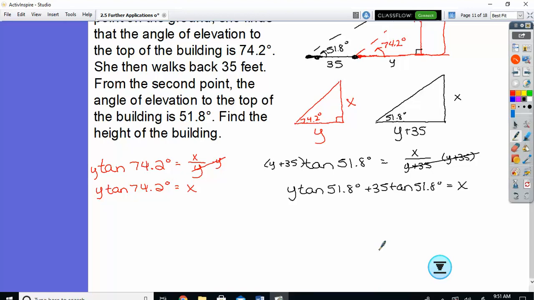What would I do at this point? They're each equal to x, so you can set those equal to each other. I'm trying to solve for y, so I need to put both of those on the same side.